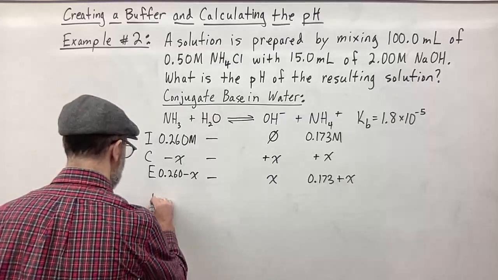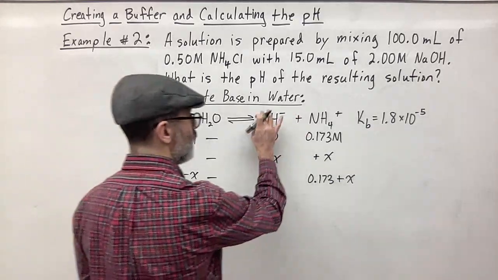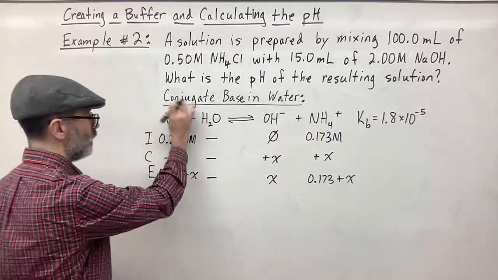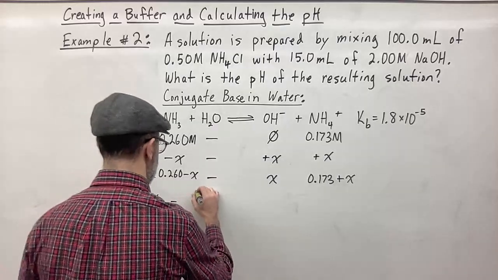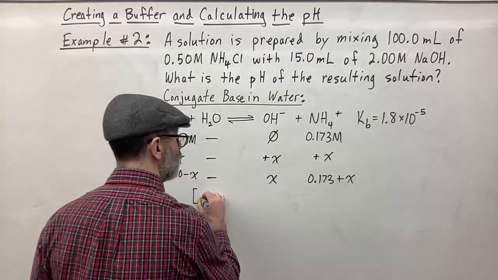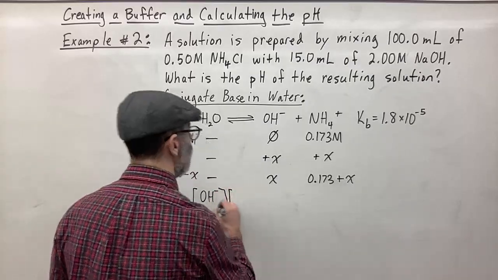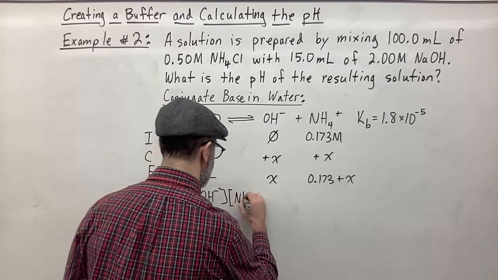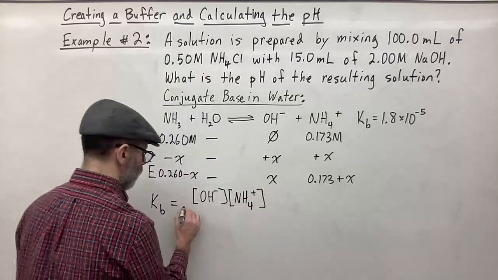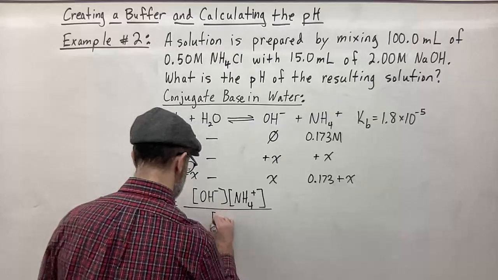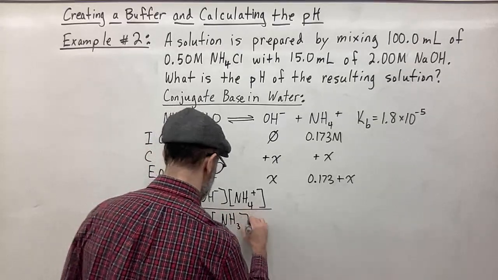Now we can put this into our equilibrium expression. So let's write that out. In this case, Kb is going to be equal to the concentration of products over the concentration of the reactant, again ignoring water. So we're going to have the concentration of OH minus multiplied by the concentration of NH4 plus, over the concentration of NH3.